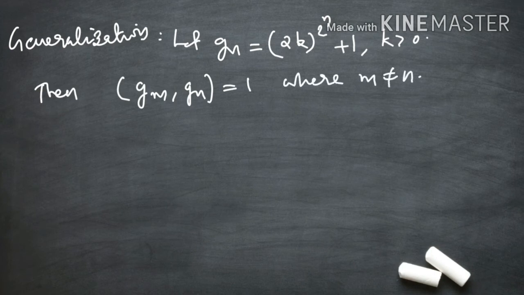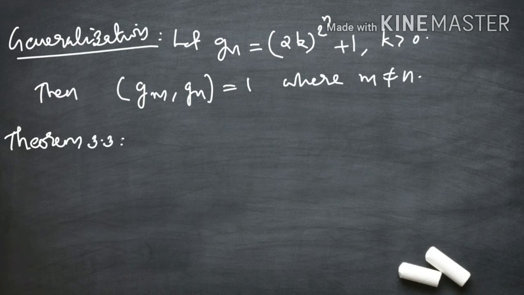So this is the generalization. You can see this in the exercise part and you can prove it. Next we will try to prove another theorem that we already proved by another method, that there are infinitely many primes. Using Pólya's theorem we can prove this.